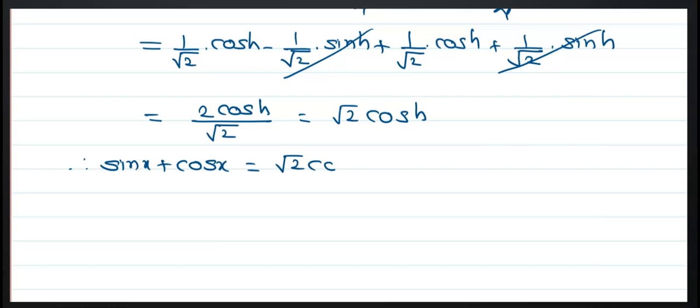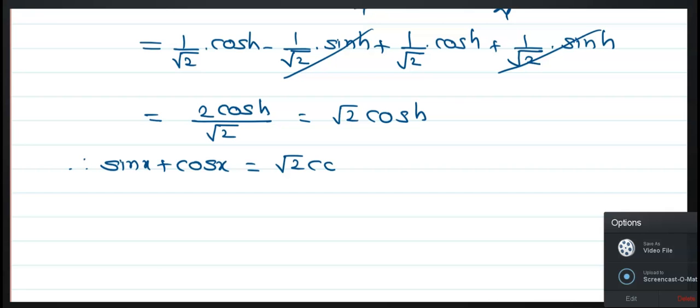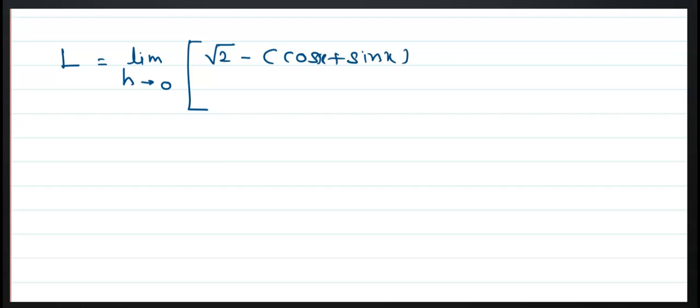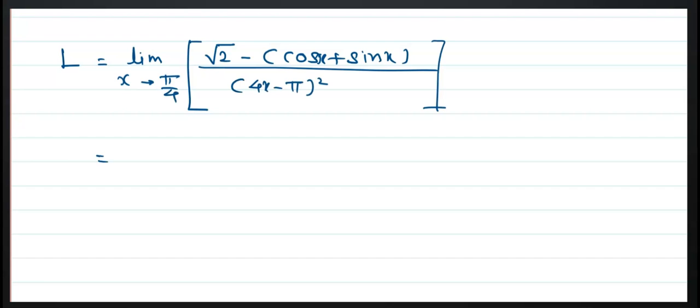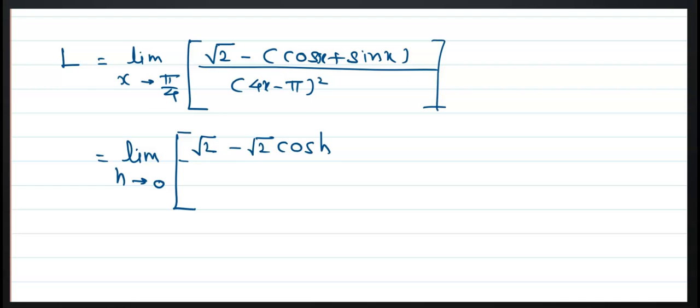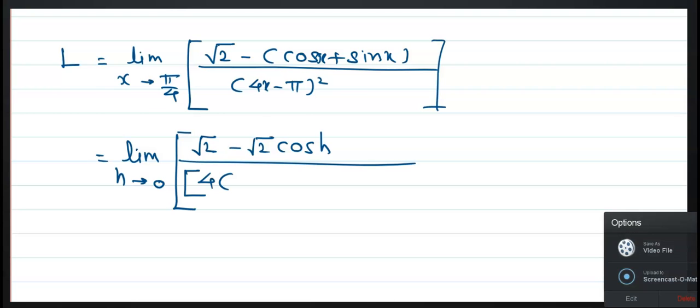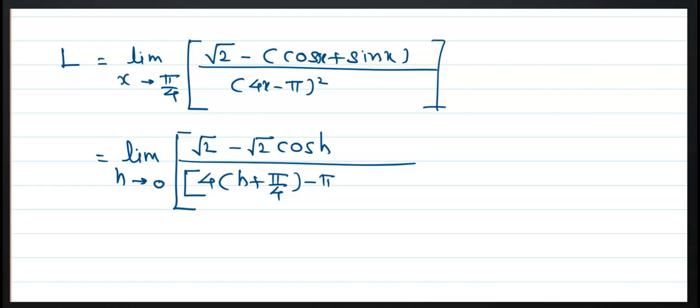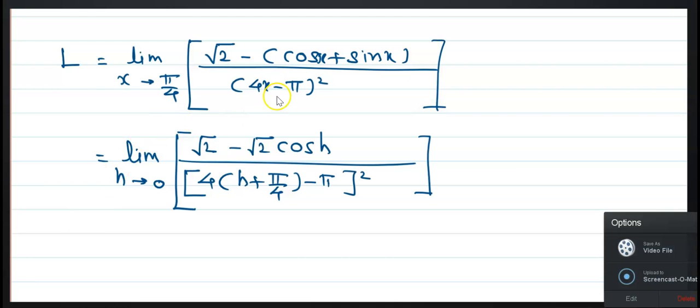Therefore sin x plus cos x is equal to root 2 cos h. Therefore L is equal to the limit h tends to 0 of root 2 minus root 2 cos h upon, this is our limit. Now we substitute, and the denominator is, this is the substitution: x is replaced by h plus pi by 4.